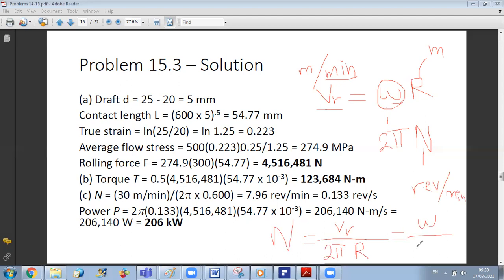Then to go to n, you divide omega by 2 pi. Since the unit is per minute, n will also be in revolution per minute. If you want to convert it to revolution per second, you should divide by 60. Any other questions on this?